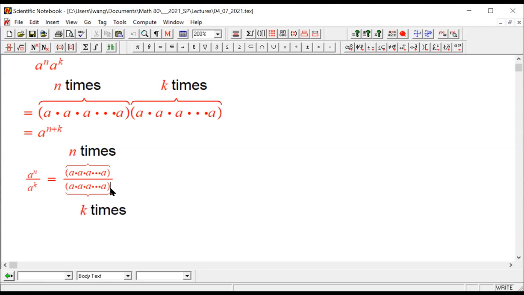And of course, we can remove the parentheses. A lot of these are reduced. So you're gonna get a raised to the power of n minus k. So you can derive the formula yourself, can you? So far, so good? So let's look at this next one.